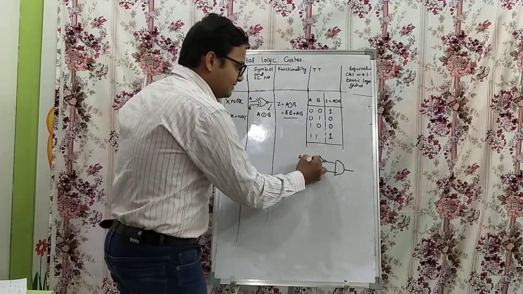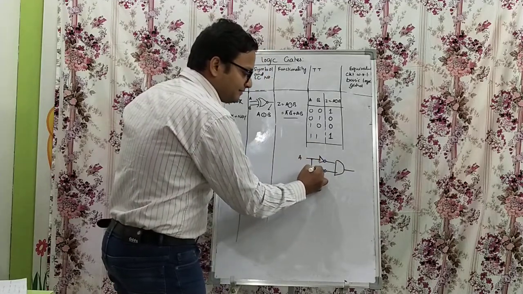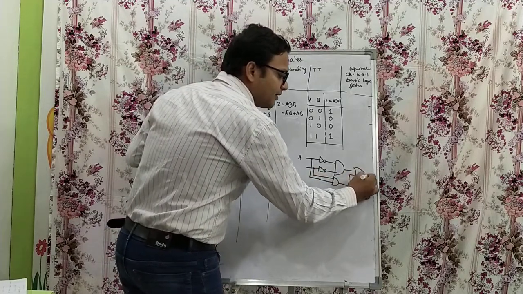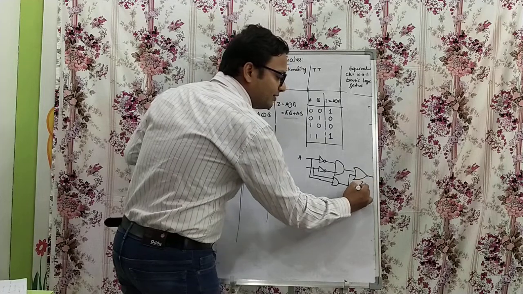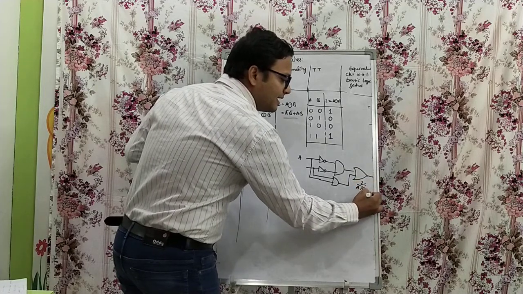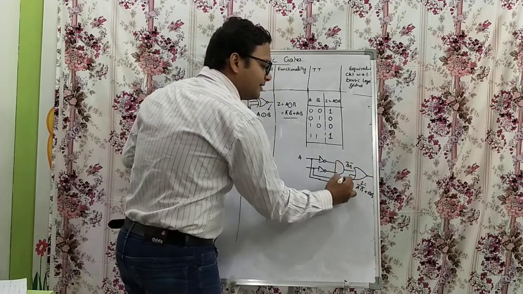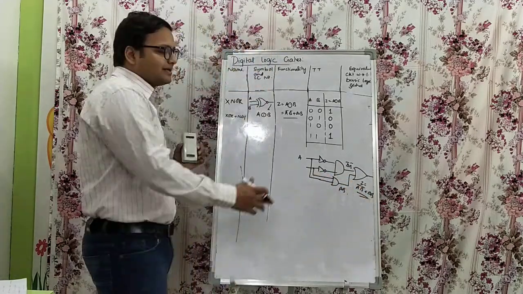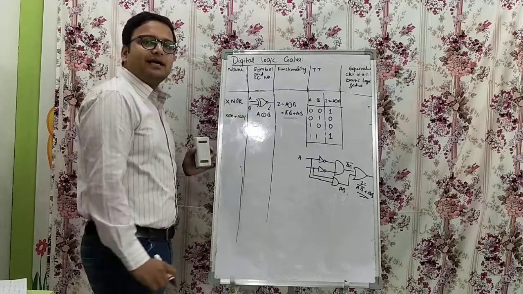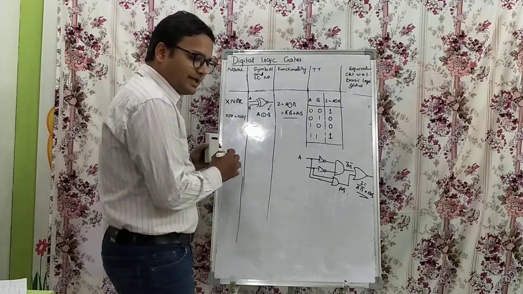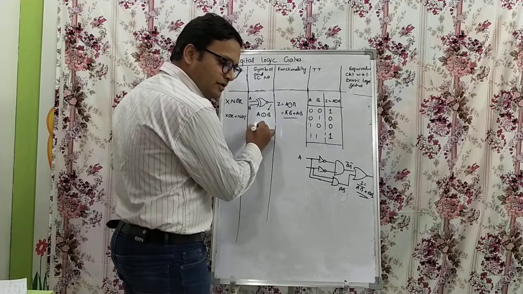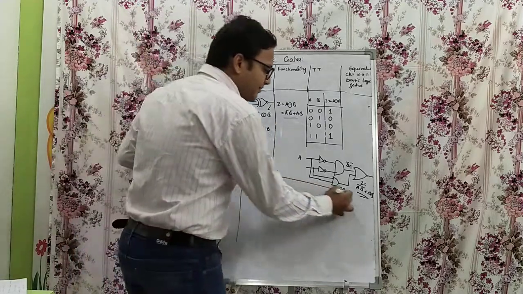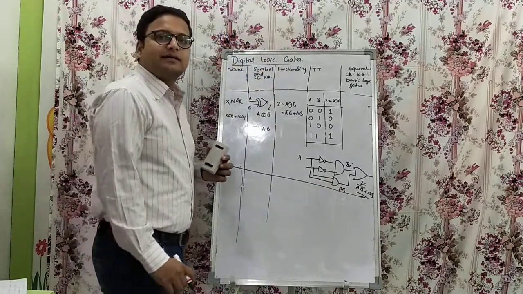Next A B, finally OR, which is Z equal to A bar B bar plus A B. So this is my A bar B bar, this is my A B, finally Z, which is how we design the XNOR gate using basic logic gates. The IC number is 74266. 74266 is the IC number of the XNOR gate. Thank you very much.